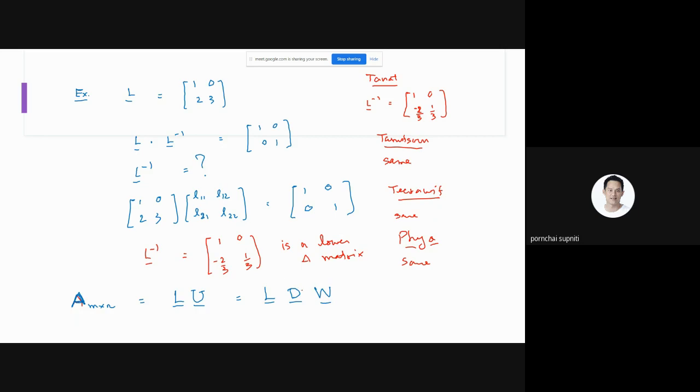Once we are able to do this, when we compute the inverse, we will get W inverse, D inverse, and L inverse. It will be very useful and give us many other interesting properties later on.